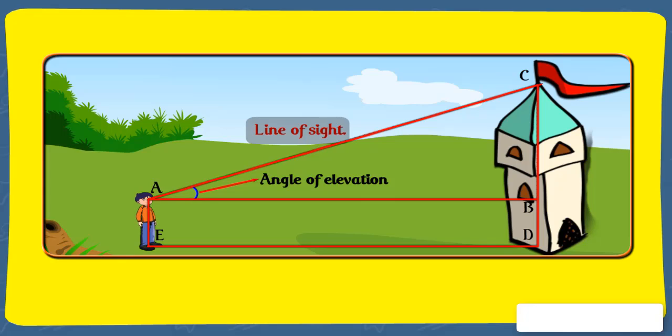The angle of elevation, angle BAC, of the top of the tower. 3. The height AE of the student. With the help of this information and using trigonometry, we can find the height of the tower without measuring it. Let us see this through some examples.